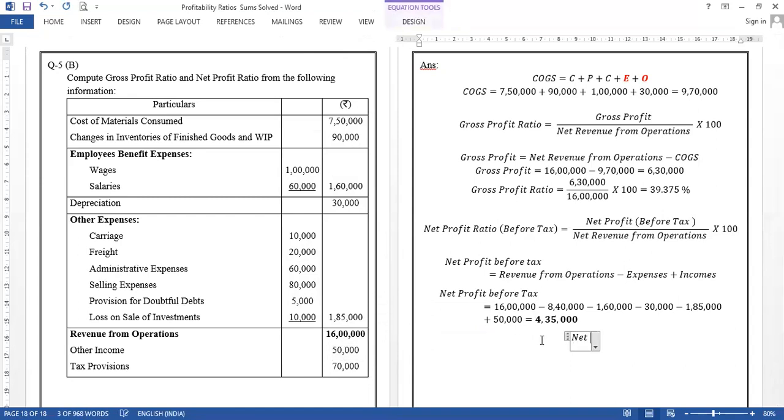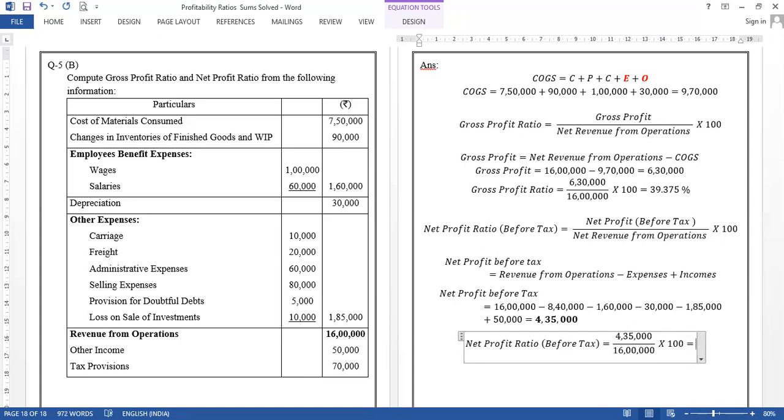So let me place the formula. Net profit ratio. We are talking about before tax. So let me write there before tax. Okay, so this will be equal to the net profit before tax, which has come to 4 lakh 35,000, to be divided by 16 lakh, the net revenue from operations, and multiply by 100.